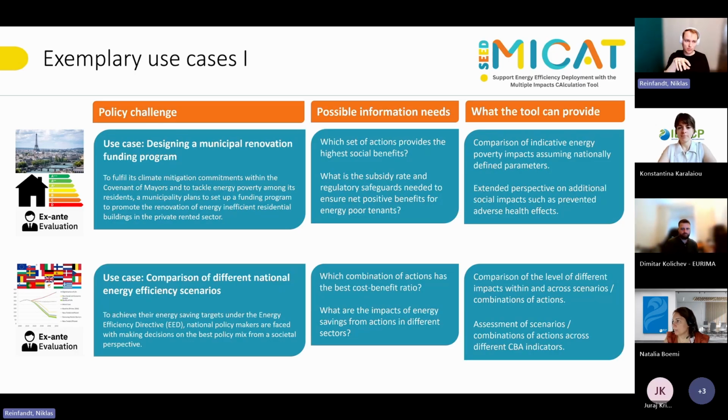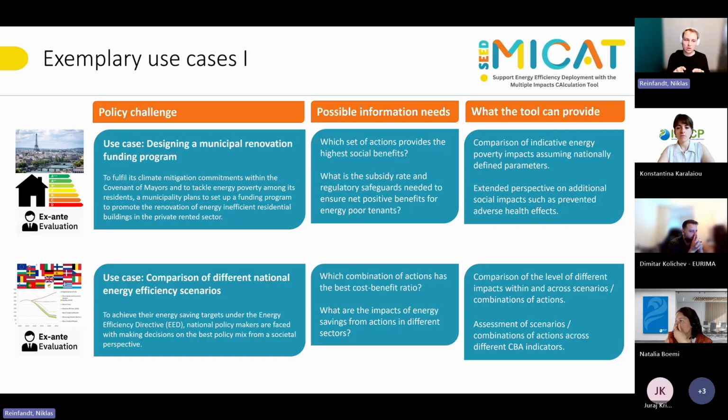So if you have the policy challenge to design a renovation funding program on the local level, then you could have the information need of which set of actions provides the highest outcome with regard to social benefits, or what is the subsidy rate you want to have to ensure net benefits overall for you on the local level. Or maybe you could also just wonder which measures have the best impact on energy poverty, right? So which will lift the most people out of energy poverty.